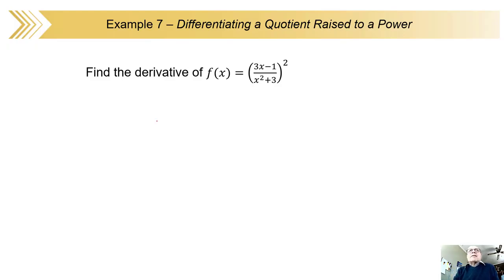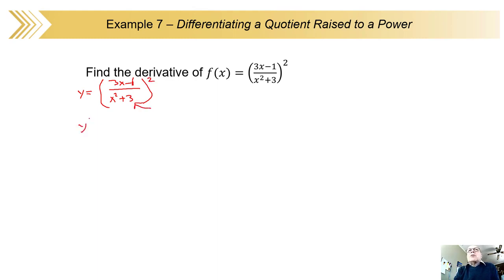So, for example, we'll use this as y, and here's our 3x minus 1 over x squared plus 3, and that's squared. So this one is the inside function.